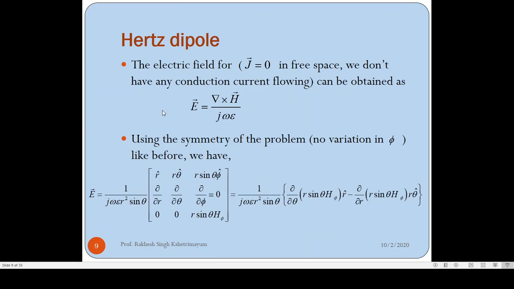So now we can find electric field from the magnetic field usually by using the Maxwell curl equation. You take the curl of the magnetic field divided by j omega epsilon, you should be able to find the electric field.